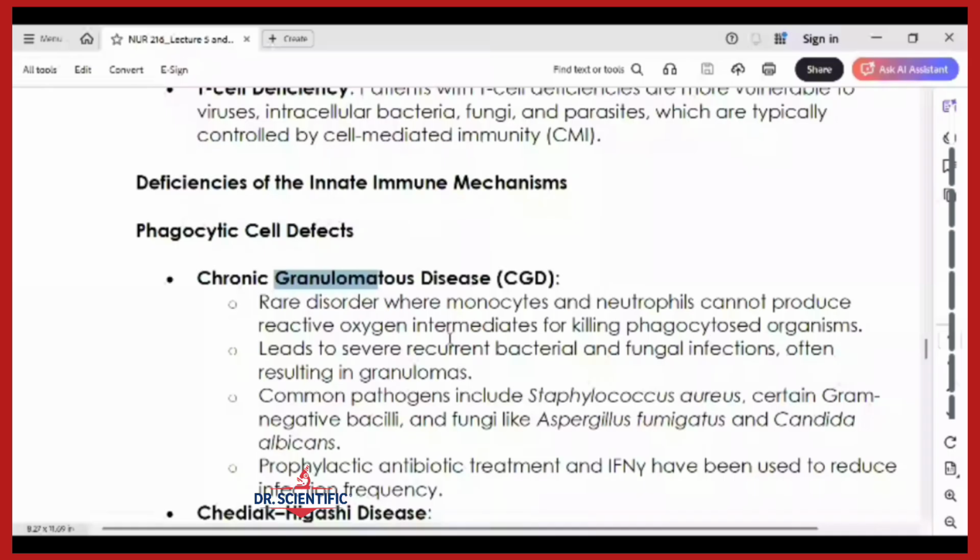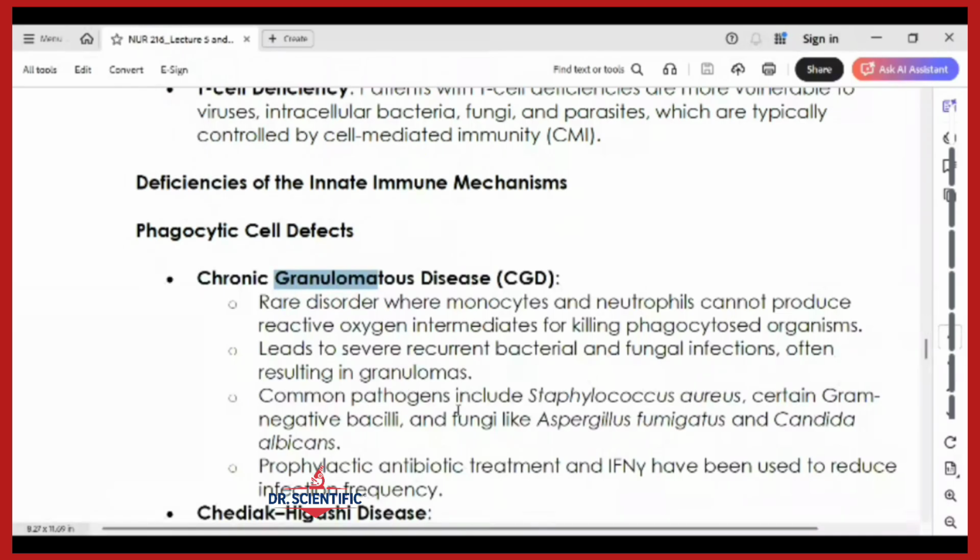These are individuals born with cells that are unable to produce them, and therefore they are going to suffer quite a number of infections, because most infectious agents require elimination by reactive oxygen intermediates. We saw how the reactive oxygen intermediates interfere with the membranes of these infectious agents and lead to their death.